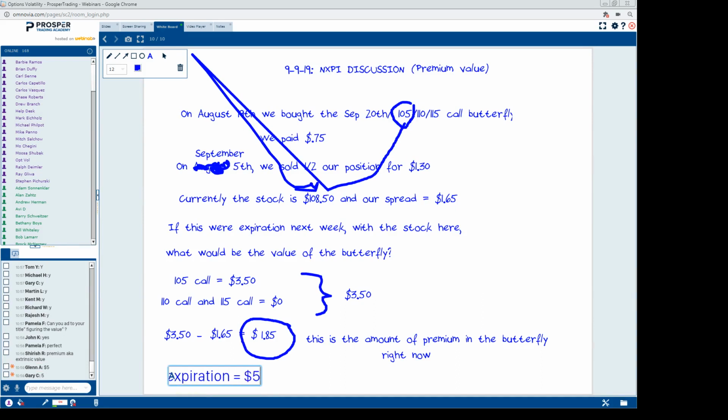Thank you, Glenn. $5, right? If we go right to the short strike, $5. How would we get to $5? Go right to the short strike. Okay, premium goes to 0. Our long call spread in the butterfly maxes out while the short call spread goes to 0. Okay, so what does this all mean for our position?